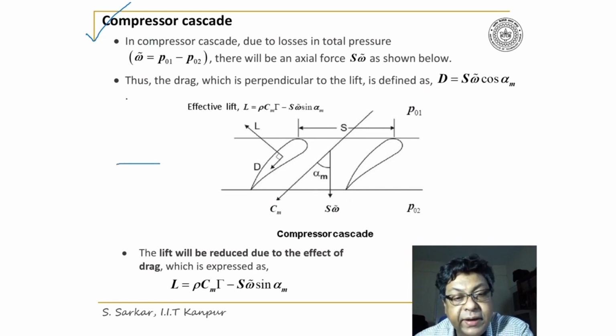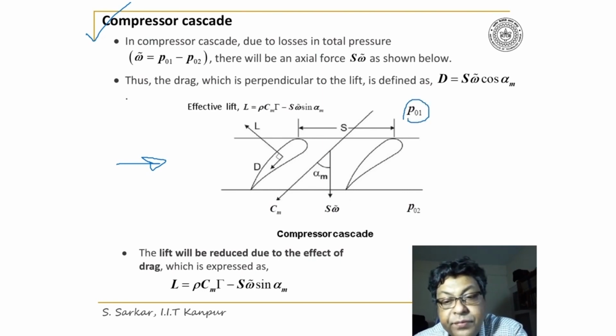I have indicated here the sketch of a compressor cascade where the flow will be deflected through the blade, and as it will pass through the blade, it will be decelerated, and therefore the pressure at exit will be higher than that of the inlet. However, I have indicated here total pressure at inlet is P01 and that at exit is P02.